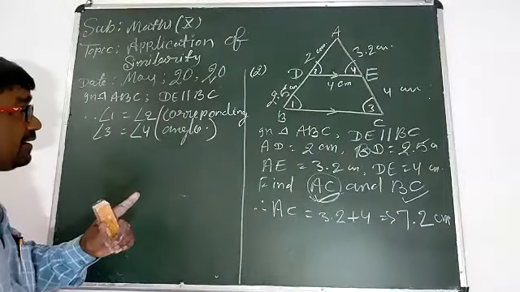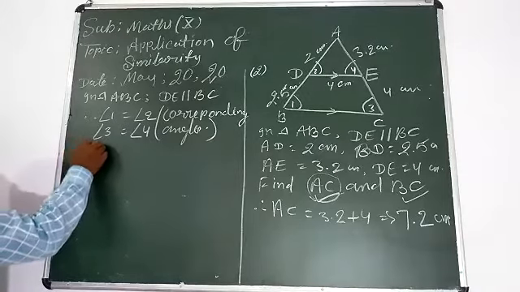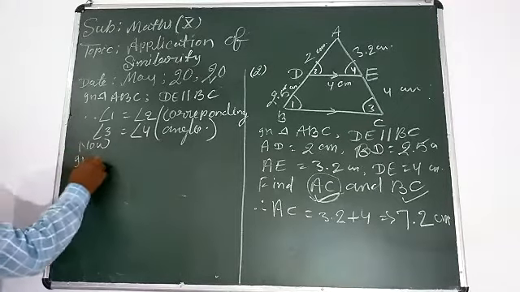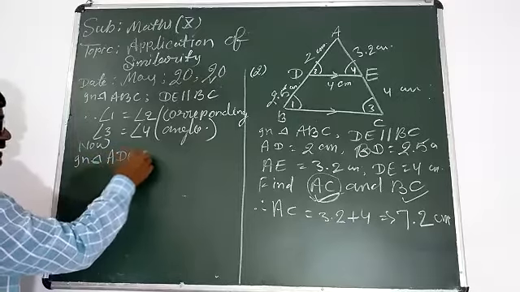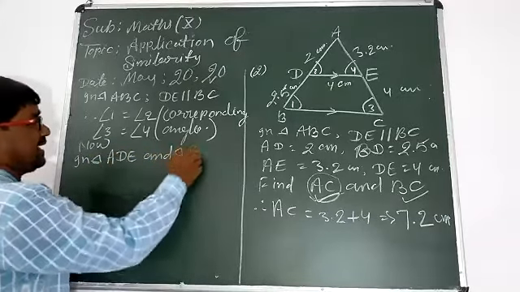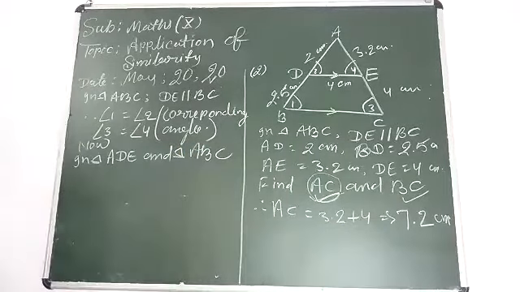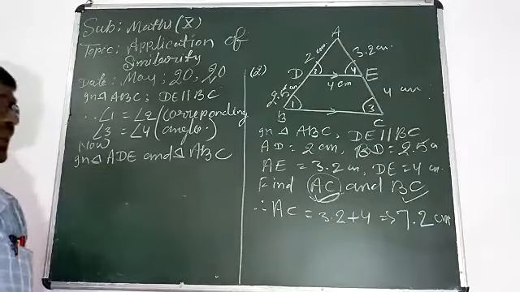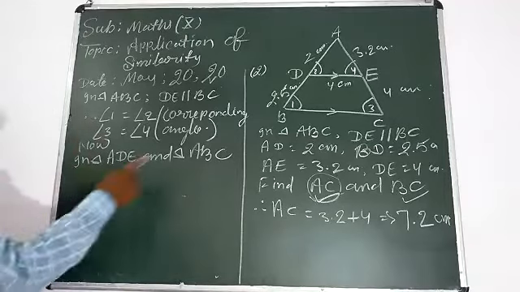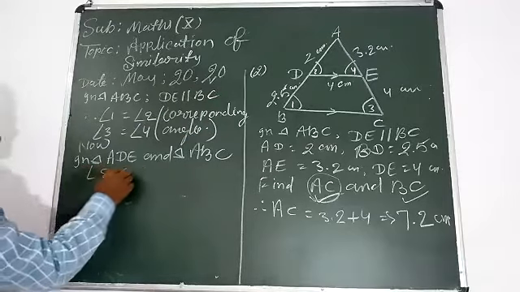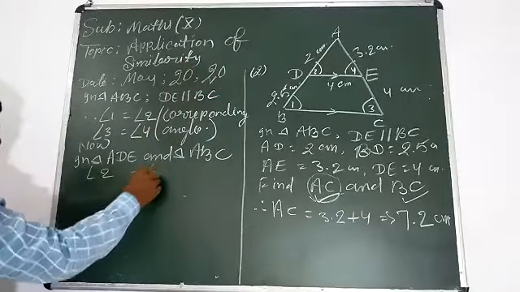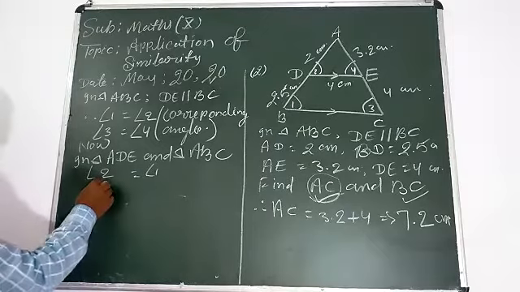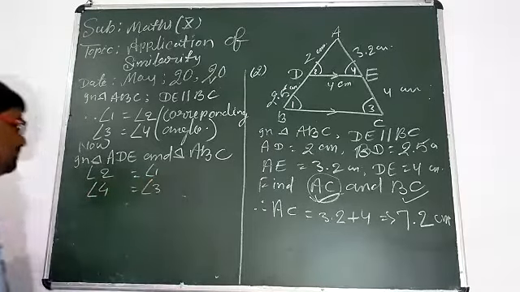Then come to similarity. In triangle ADE and triangle ABC, angle 2 equals angle 1 and angle 4 equals angle 3, proved above.